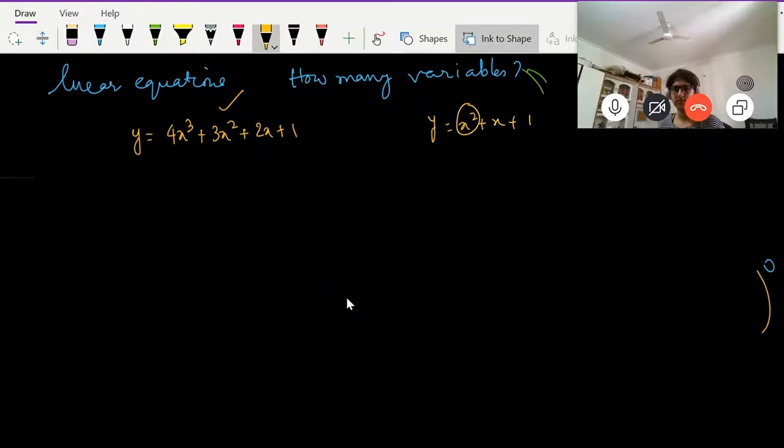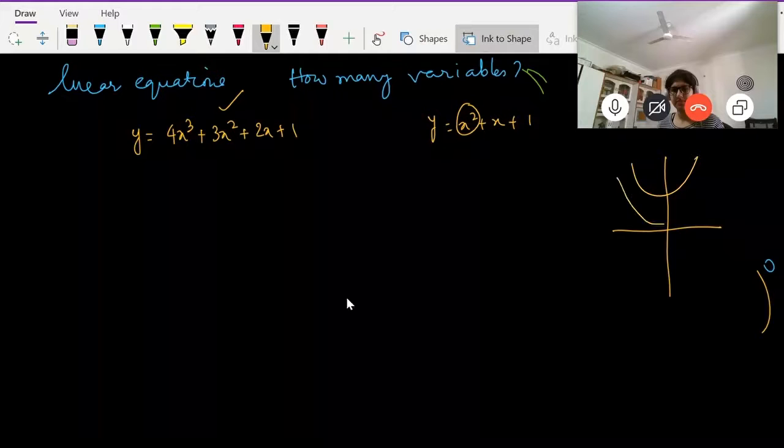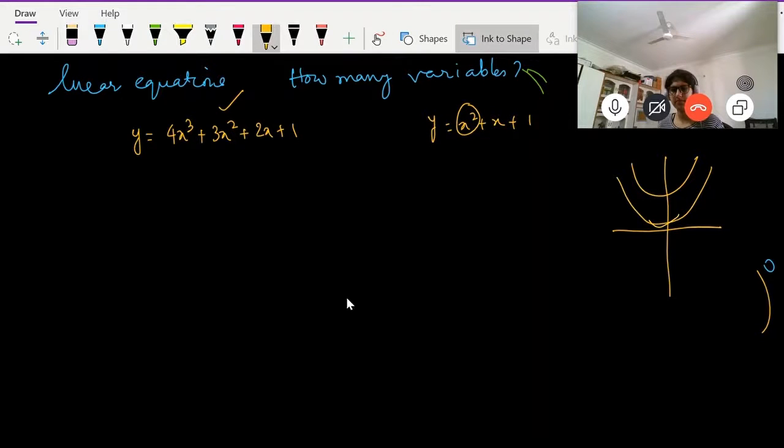But when you look at the graph, you realize that there can be three cases, and whether it will have roots or not will depend on the coefficients of x square, x, and the constant term, right?